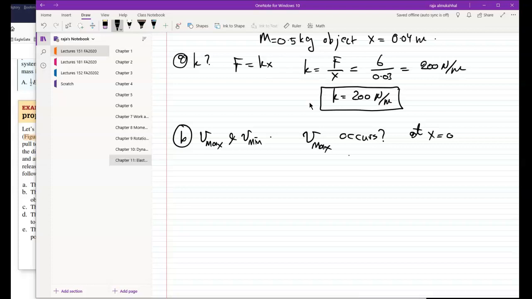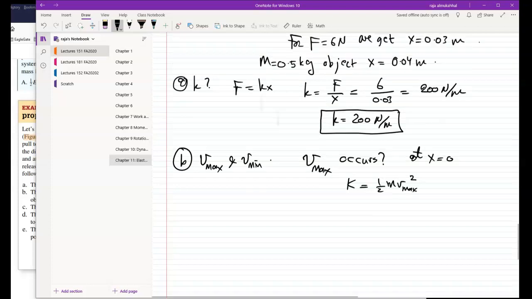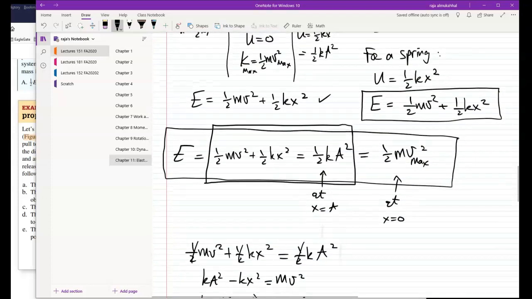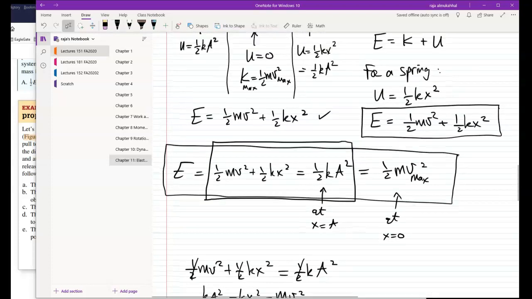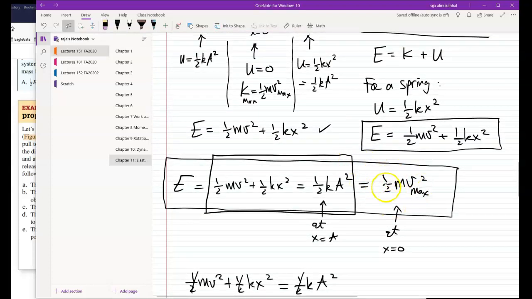And in this case, we will have K equals 1/2 m Vmax squared. And then we said, let me go back to that formula again, see this formula right here? The maximum potential energy is 1/2 Ka squared. That's the maximum displacement.